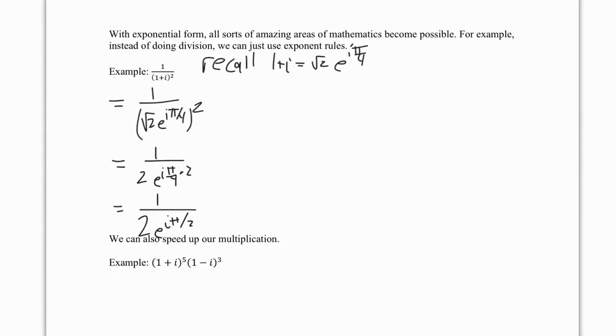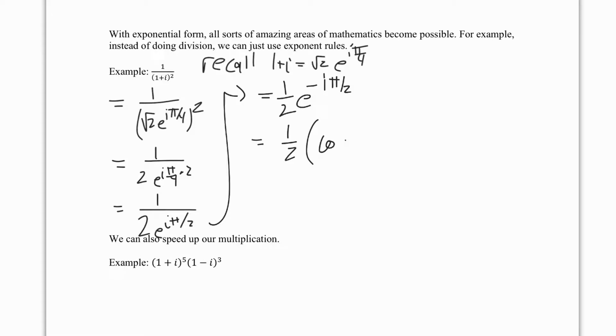Well, now exponent rules tell us that if I want to move this to the top, I have to switch the sign. So I'm going to write this as a half e^(-iπ/2). So that will be 1/2 times cos of negative π/2 plus i sin negative π/2.